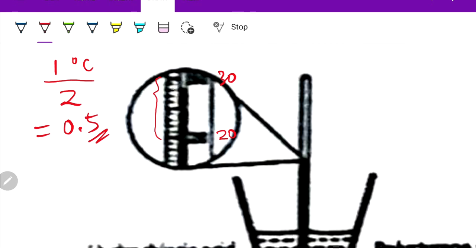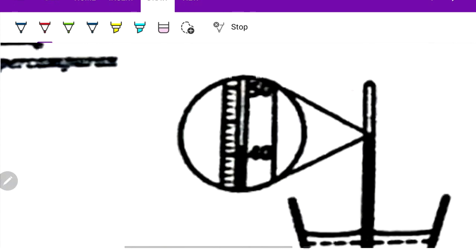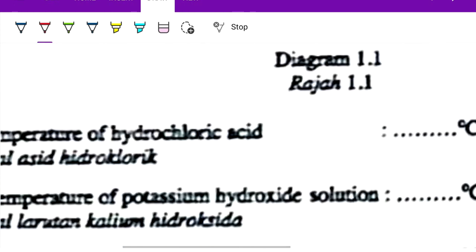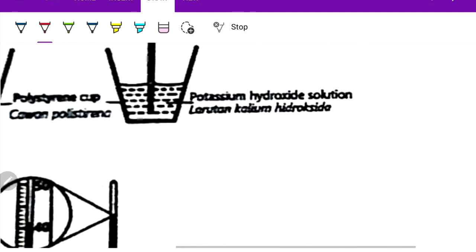Here it is roughly 28. In the exam it will be clearer, don't worry. So this one will be 28 degrees Celsius. The temperature of the hydrochloric acid, you have to write 28.0. How about this one?